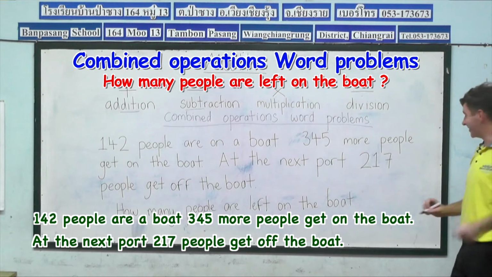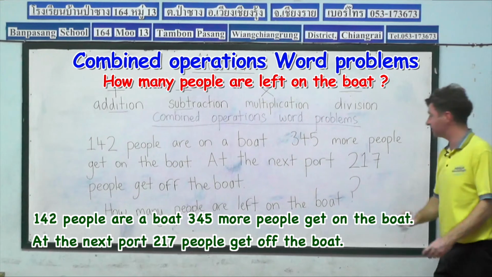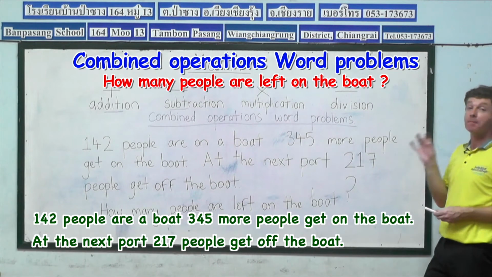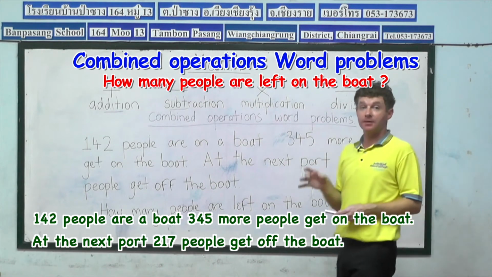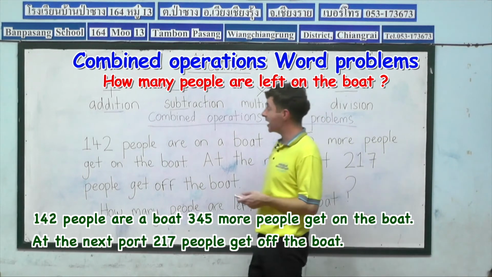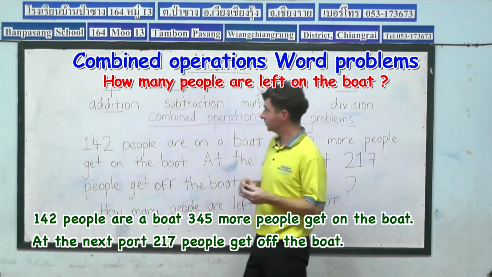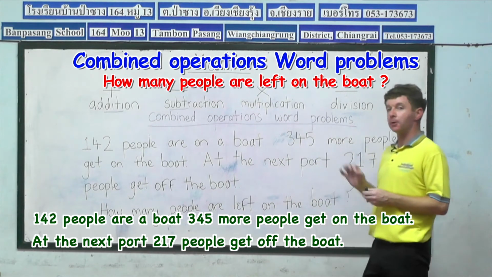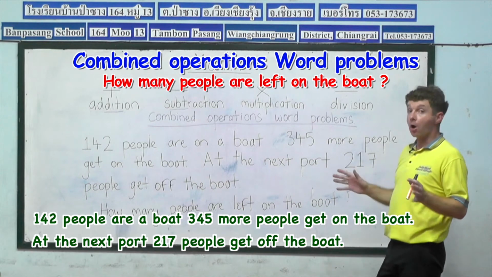What? Excellent, well done, well remembered. We need the question mark. So now we have a combined operation word problem involving addition and subtraction. So let's read it all together, guys. 142 people are on a boat.